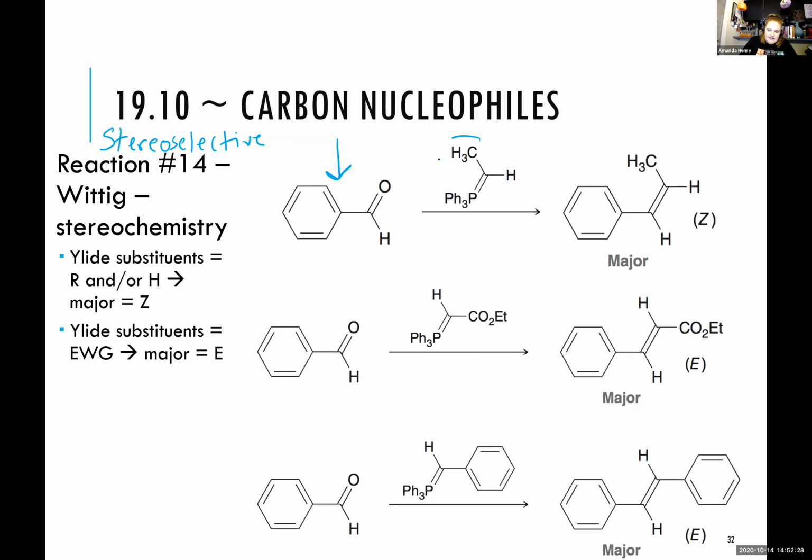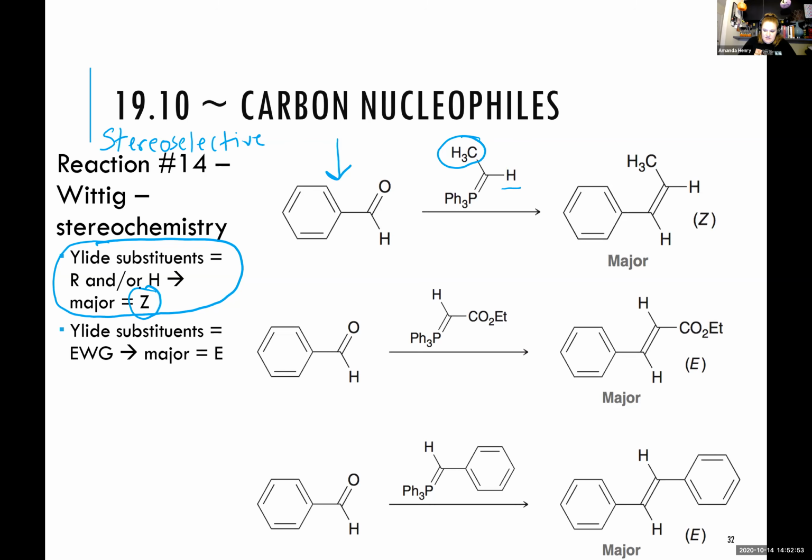In our first ylide, we have a methyl group attached to our ylide and then a hydrogen on the other side. When we have an R group attached, the major product will be the Z isomer. So there's a couple ways to kind of refer to this.